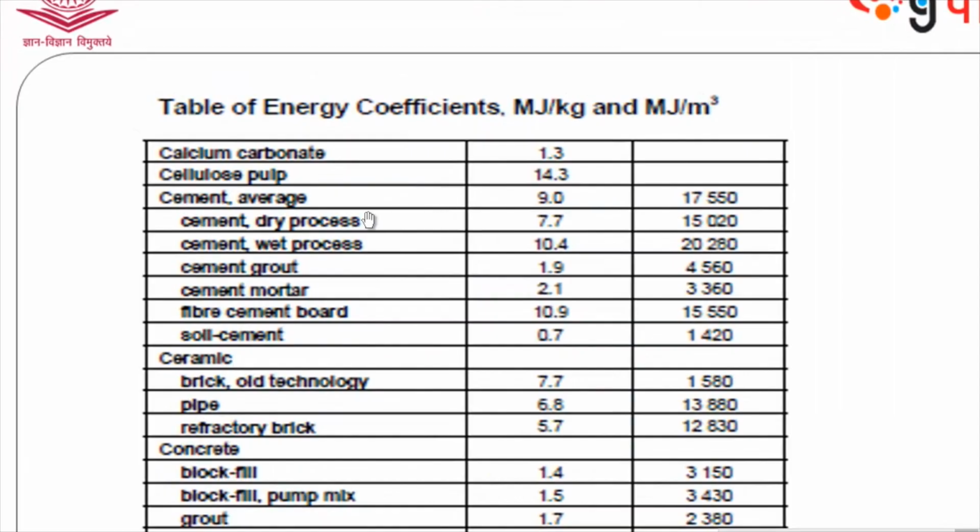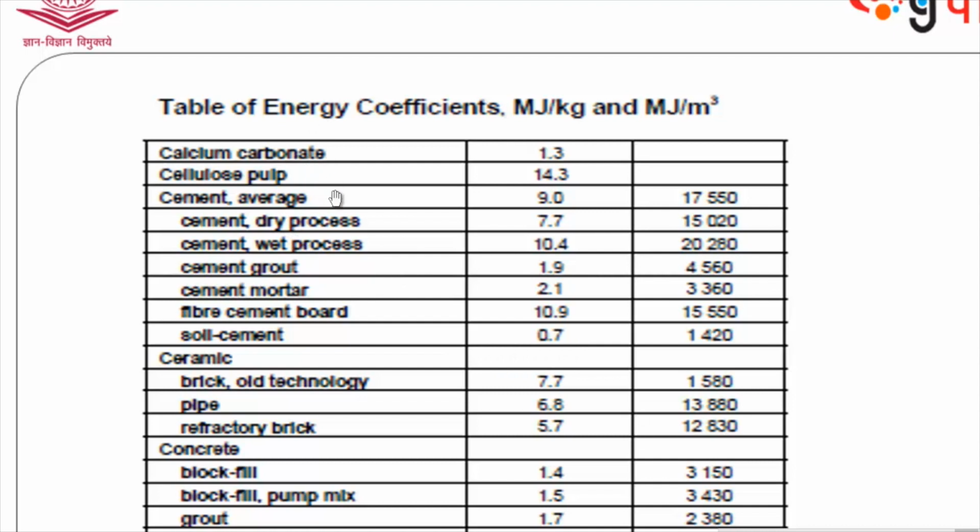These are various materials used in the building industries and the energy coefficient of the materials in terms of megajoule per kilogram, and for 1 cubic meter usage of this material, how much energy coefficient we are consuming in terms of megajoule per meter cube is in the second graph.